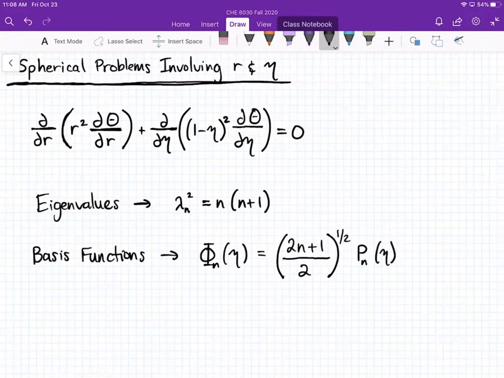Here you'll see that our basis function is in terms of our variable eta. Therefore, our transformed variable is going to be in terms of r.